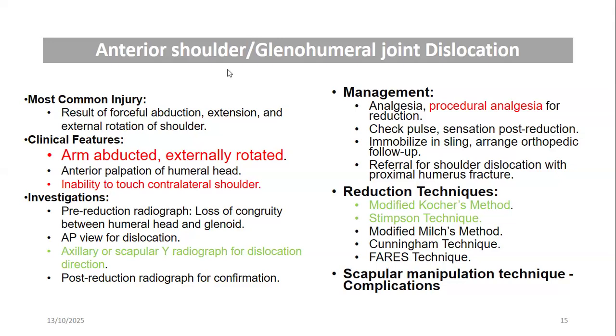They can ask the question anywhere, so you must be ready for it. Adduction and internal rotation. The patient will not be able to do adduction and internal rotation. The arm will be held abducted and externally rotated, with inability to touch the contralateral shoulder. So this is the clinical feature of anterior shoulder dislocation.